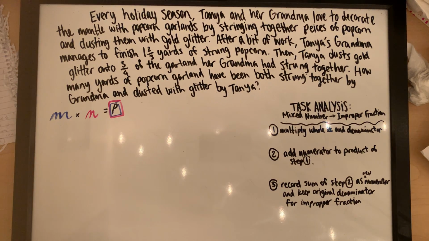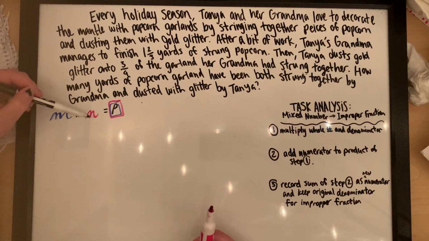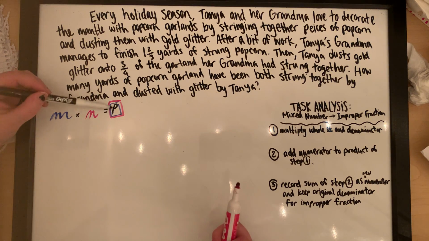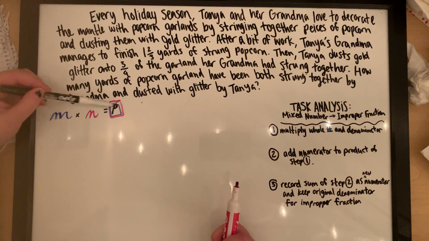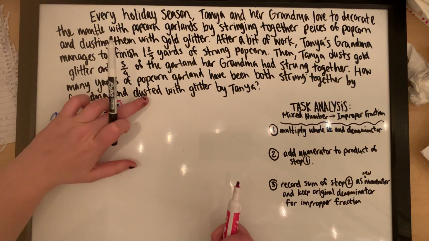So basically, m is going to be our number of groups, n is going to be our number of units in each group, and p is our product, the total number of units in all groups.